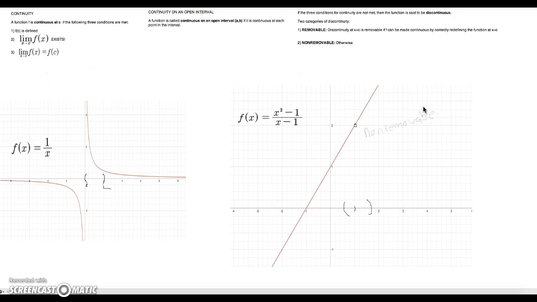The limit does exist there if we went right. The limit would be 2. So two of the conditions are okay, but the first one is not, and all three must be met for it to be continuous. This is not continuous, so it's a type of discontinuity, and in this case, it's non-removable because the function cannot be redefined there.